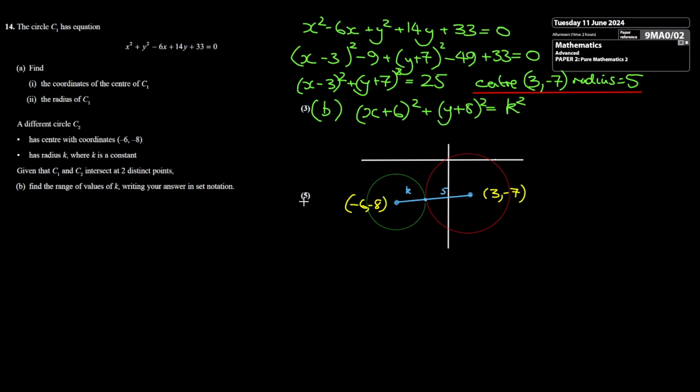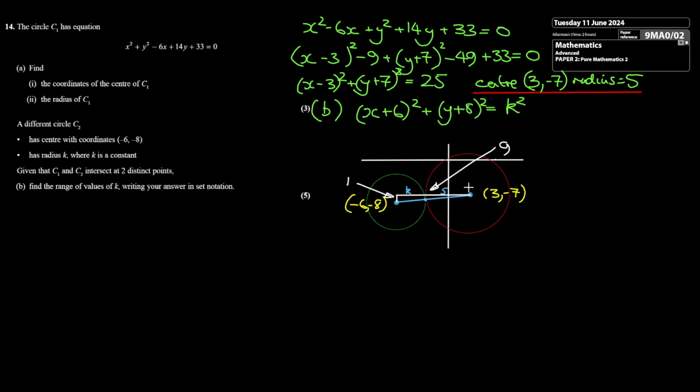So how do we work this value out? Well, we can do it by working out the true length of this line according to the position that the circles are in. So if I draw in this sliver of a triangle, this height here will be the difference in y's, which is 1. And this length here will be the difference in x's, which is from 3 down to negative 6.